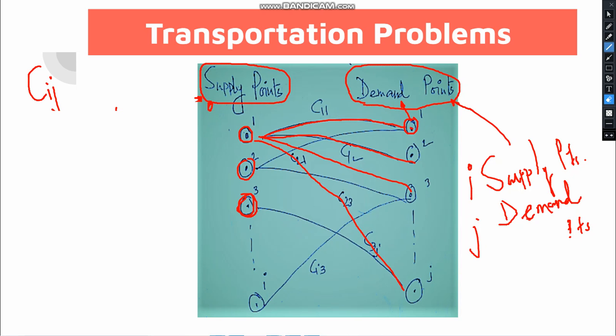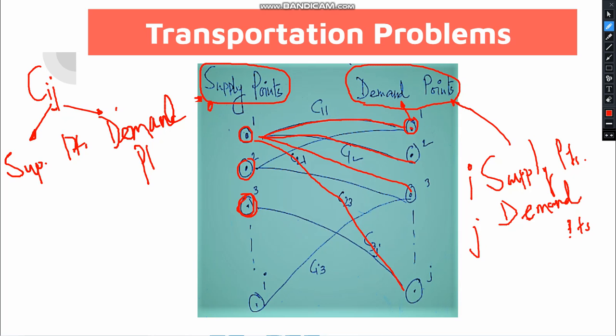C stands for cost, i stands for the supply point, and j stands for the demand point.